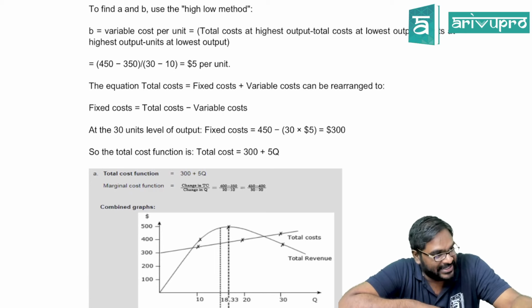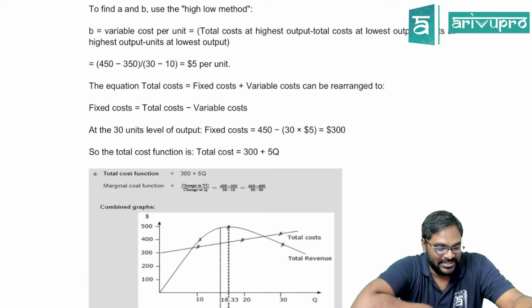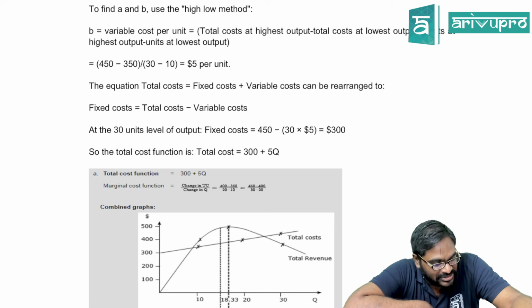So now we know the variable cost, isn't it? So total cost equals fixed cost plus variable cost. If we change the formula slightly, fixed cost will be equal to total cost minus variable cost. That also can be said. Right. So now we take 30 units as our level.